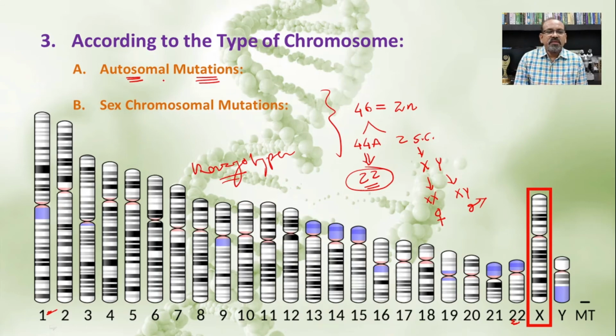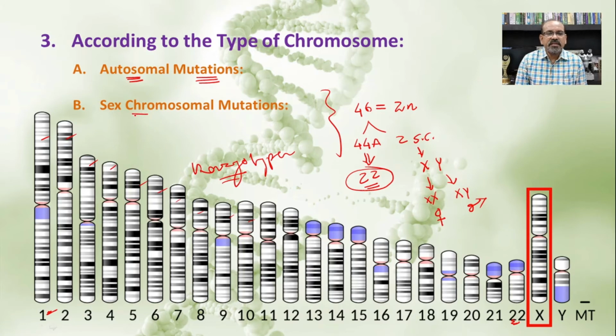If there is any mutation in these chromosomes known as the autosomes, then that type of mutation is known as the autosomal mutation. If you see different genetic disorders like Down's syndrome and Klinefelter syndrome, these are related to the 21st chromosome and 18th chromosome respectively.